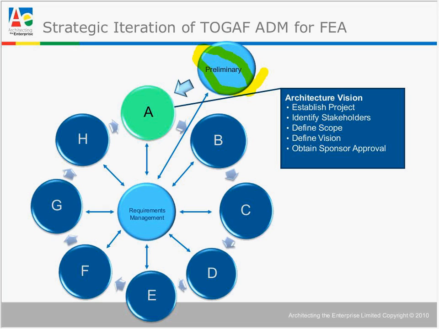So in our vision, we're establishing the project, identifying our stakeholders. That's very important in TOGAF terms, because that's also when we identify the artifacts that we're going to produce for these people. Define the scope of our strategic project, define the vision, the most important thing we do, and then get approval from our sponsor.